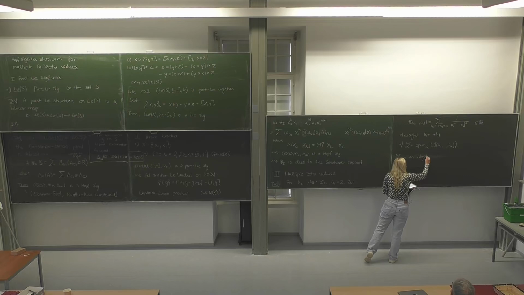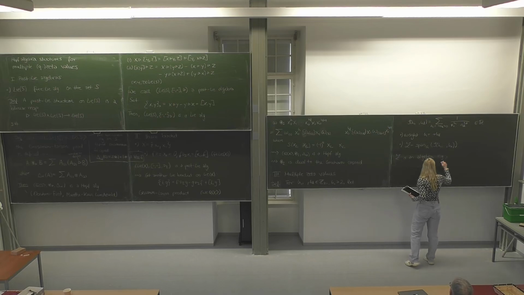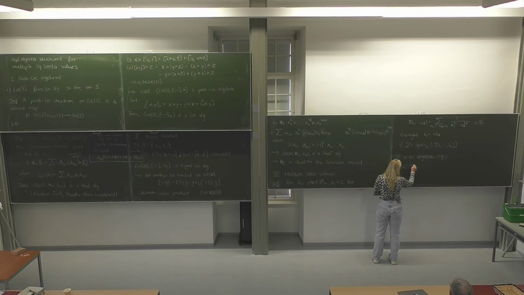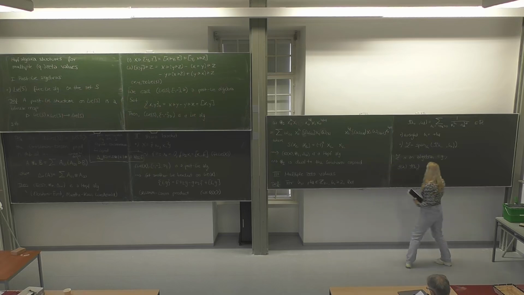So the first very easy observation is this is not a vector space, this is an algebra. And the product is also very easy to describe if you don't want to give a general formula. Because the product idea is very simple. So if I just take Riemann zeta values, which means I just have those two terms.